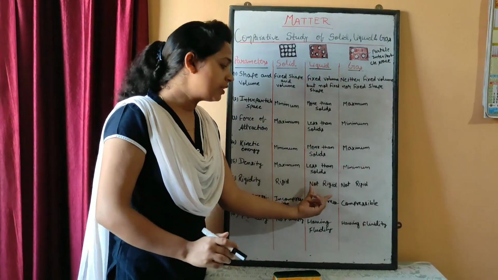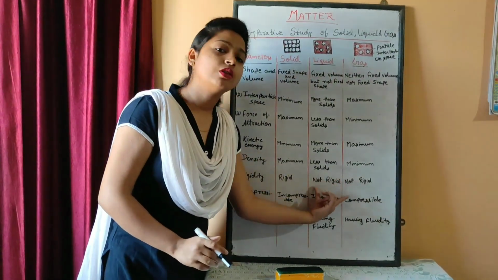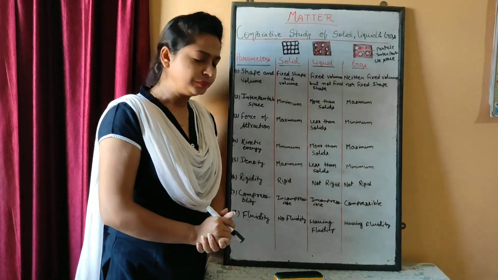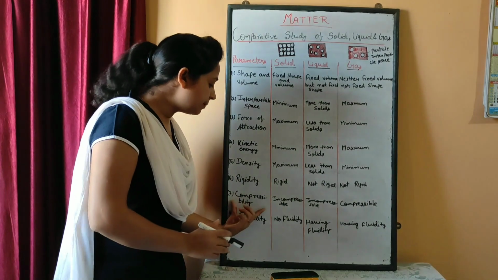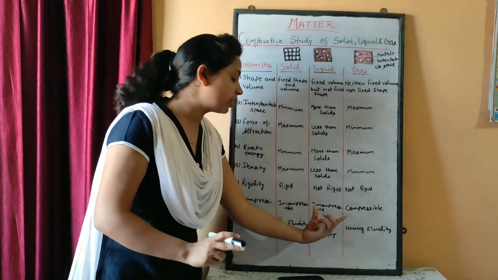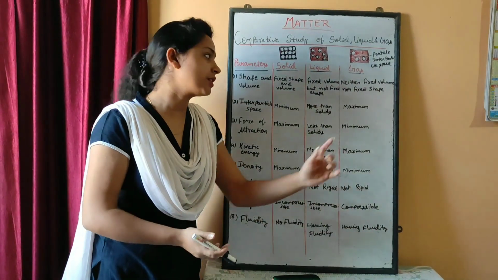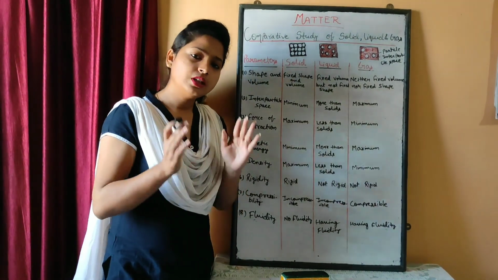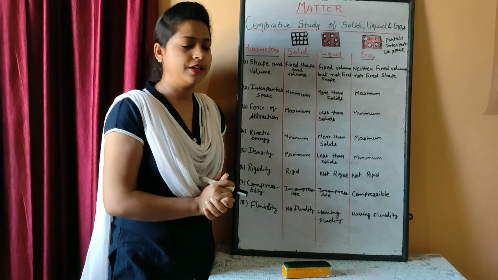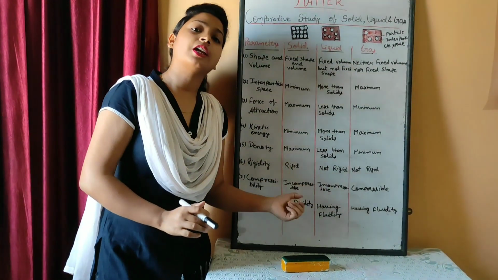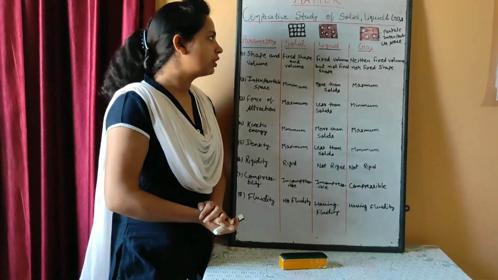But liquids and gases are both not rigid in nature. Clear? Then compressibility. Now this compressibility term is only for the gaseous state. Only the gaseous state of matter has the tendency to compress itself. We cannot compress liquids, we cannot compress solids.